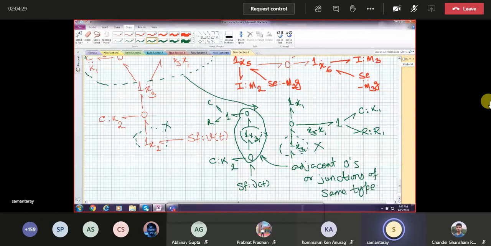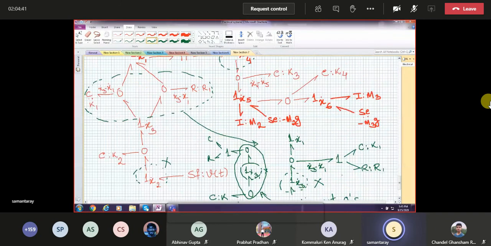So what we have now: this one X2 goes, this 0 will get merged with the 0 here, that 0 gets merged with that 0, one X1 dot will stay as it is, and one X4 dot is also removed. We'll get a reduced model.